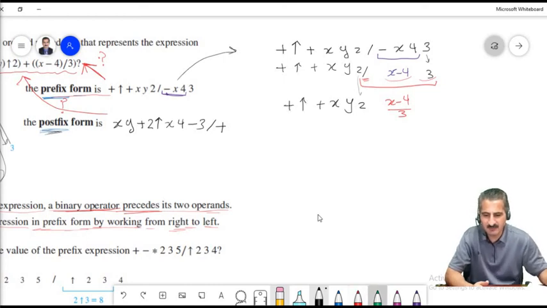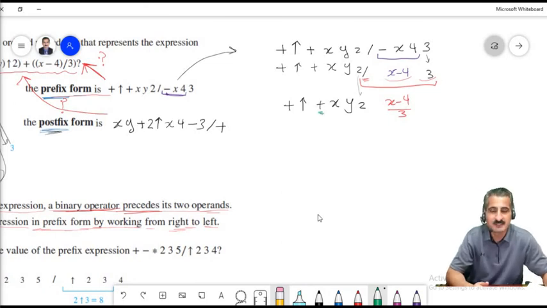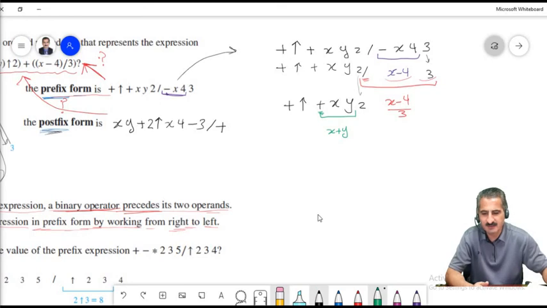Now I look for an operation. What do I have here? It is plus. So I will take all that, and this is x plus y, and the 2 here comes down, and also this one here, and these operations are still waiting. Now these two operands come after this operation, and so I will have x plus y to power 2.